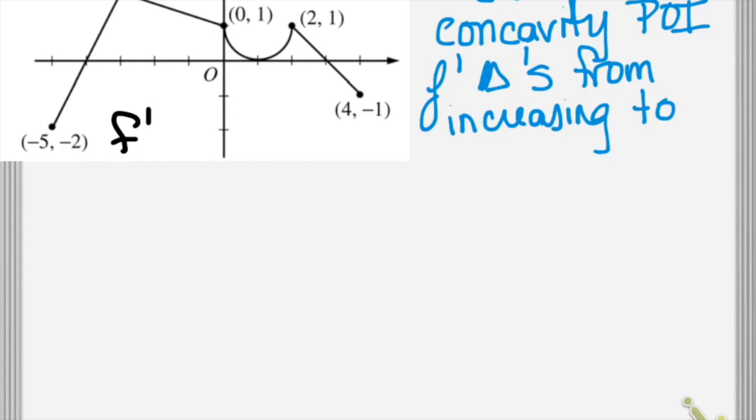And this is where you have your local mins and maxes. So you have a local max here.